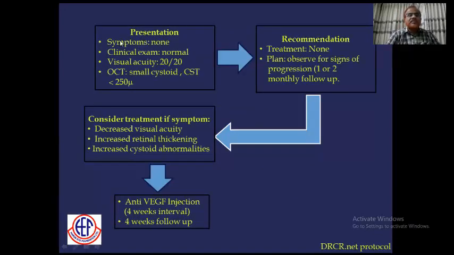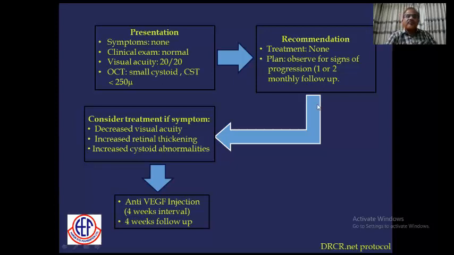And this is the presentation, the symptoms, and the clinical examination. If a patient presents without symptoms, but OCT shows a small cyst and the central subfoveal thickness is less than 250 micron, then it is recommended to follow up.